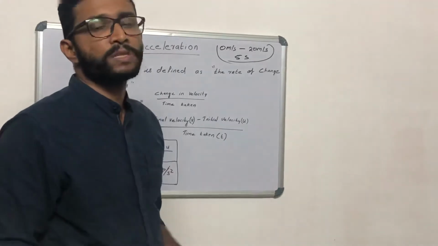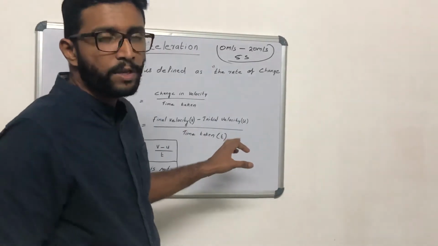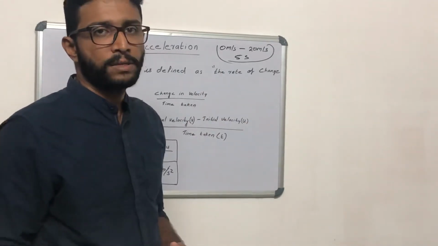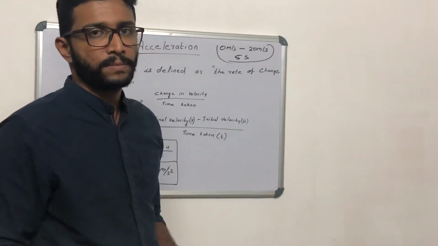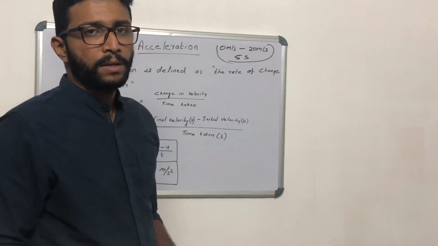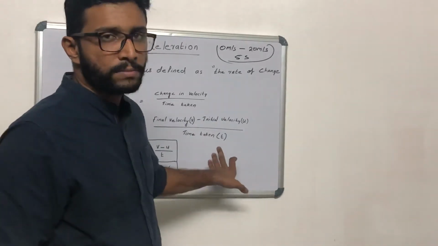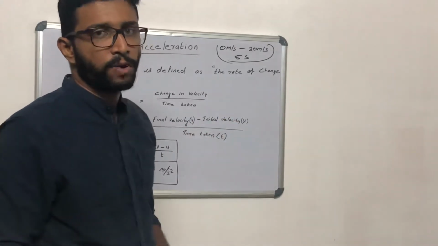If the final velocity and initial velocity are given, we will be able to find the change in velocity. And if the time is also given, then we can find the acceleration of that object.